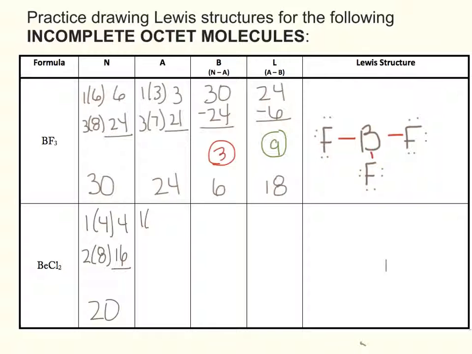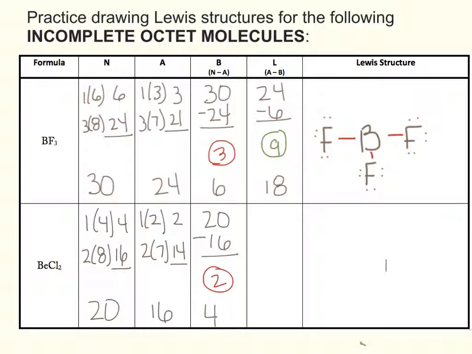The valence electron for beryllium is 2, for the chlorines is 7, which gives us 16 available. 20 minus 16 is 4. We're going to divide that by 2 to get our bond number. 16 minus 4 gives us 12, and we're going to divide that to get our lone pair number.